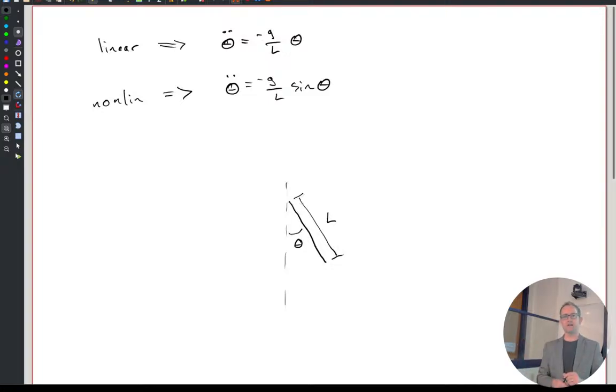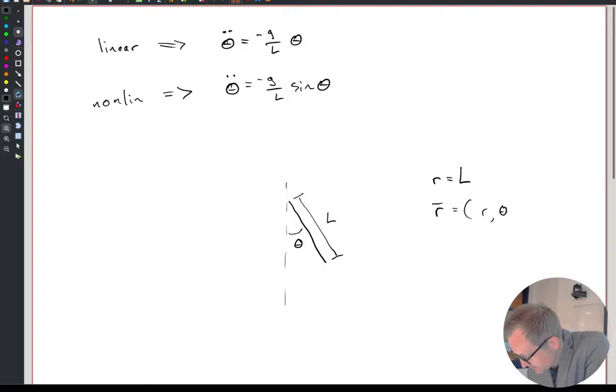We were describing it with R and theta, but we said that R was fixed when we labeled it. Okay, so R is fixed here. R is always equal to L, and its position is... oh, that should be R. This R is always e_R.